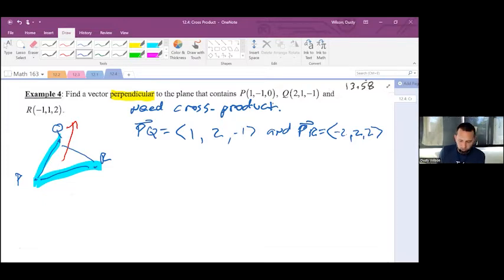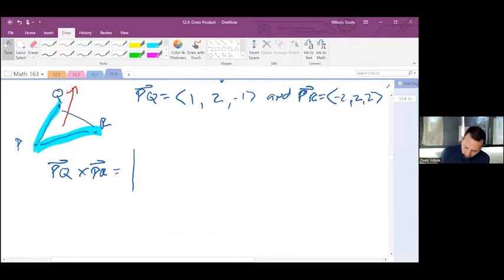And so if I want to find this perpendicular vector, I would just look for the cross product of these 2 vectors. So PQ cross PR would be equal to the determinant with rows i, j, k; 1, 2, -1; -2, 2, 2.